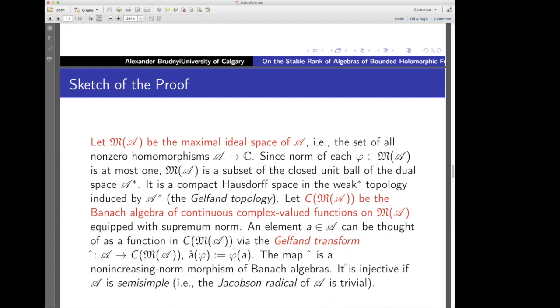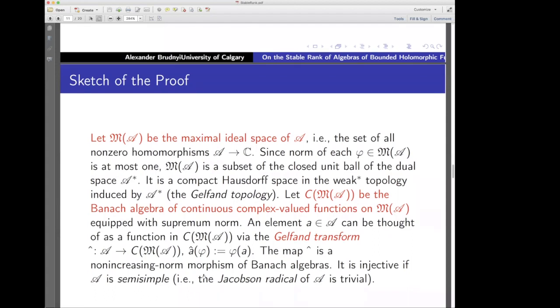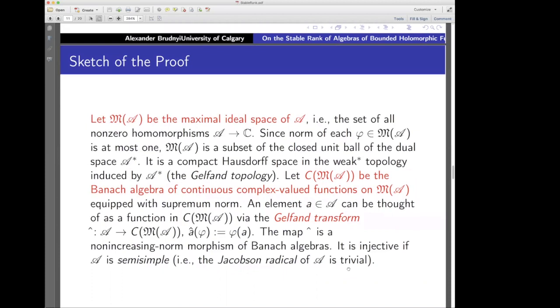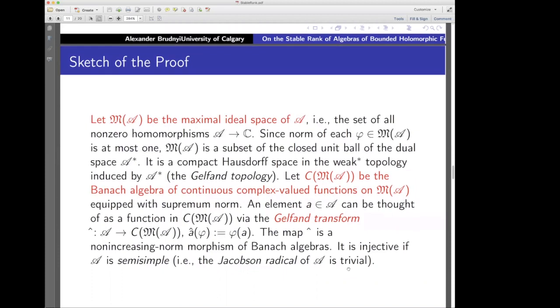It is injective if the algebra is so-called semi-simple. This means that the Jacobson radical of A is trivial. What is the Jacobson radical? In this case, it is just the intersection of all maximal ideals of the algebra A. Trivial means that such an intersection is just zero. In this case, the algebra is called semi-simple, and therefore the Gelfand transform is injective.